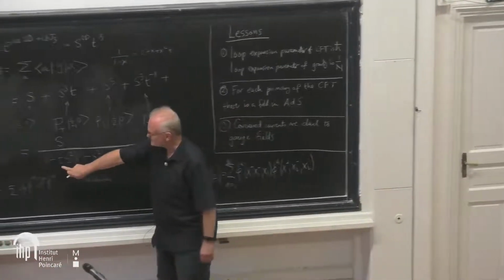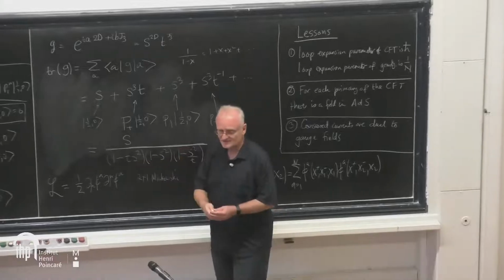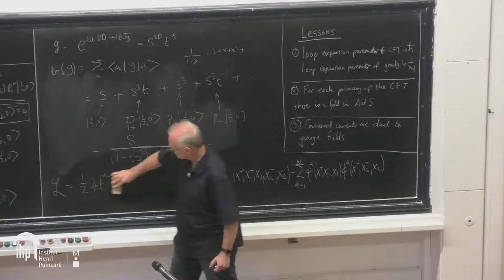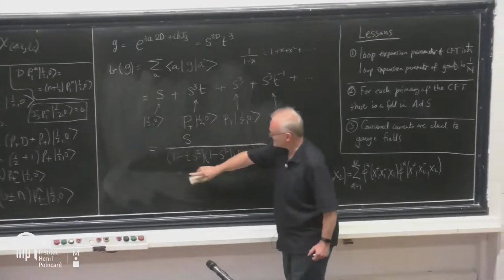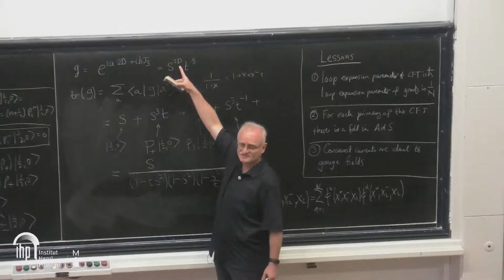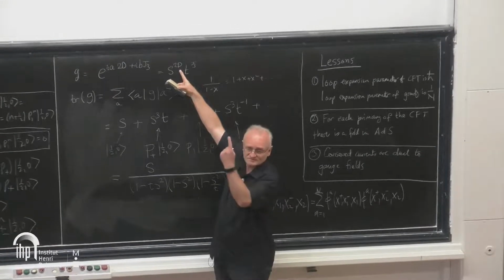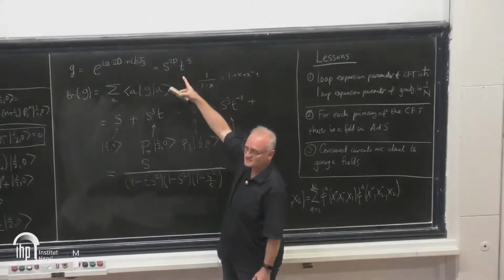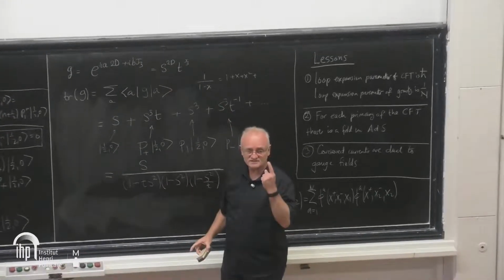This T S squared, that's got the quantum numbers of what? If you've got S squared, that's S to the 2D. If you've got S squared, what does D equal to? 1. If you've got T, you've got T to the J3. What's J3 equal to? 1.